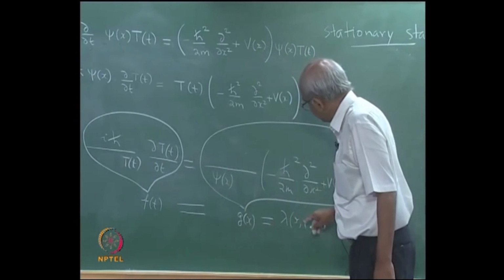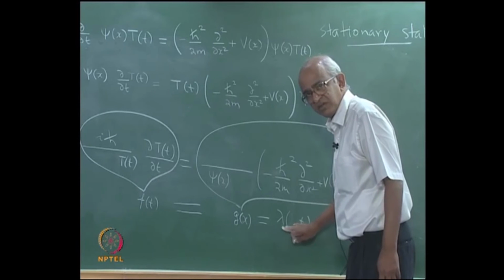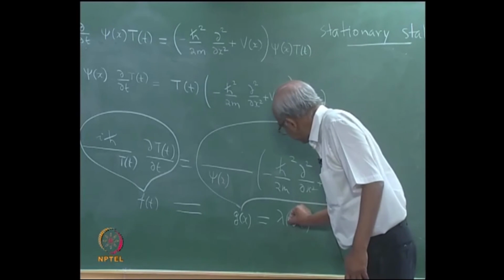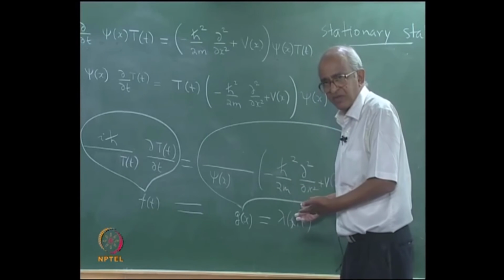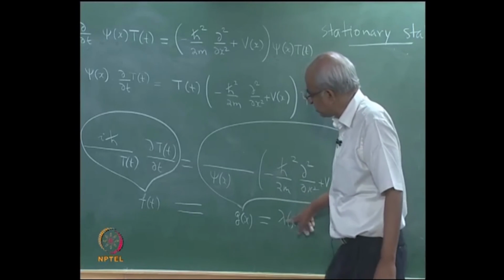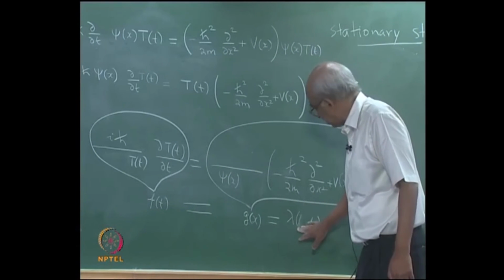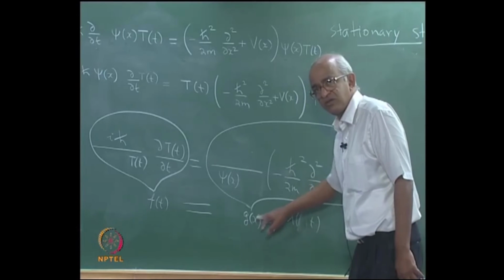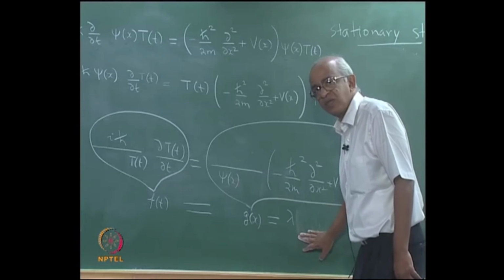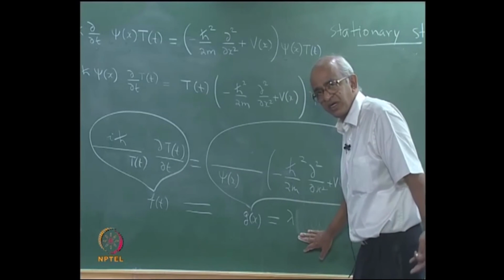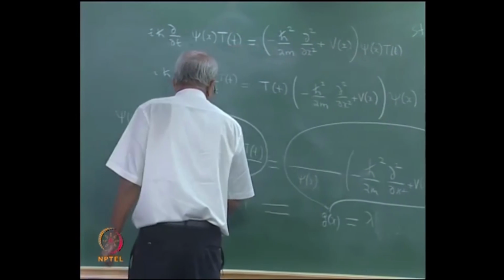So, therefore, it cannot depend upon x, correct. And lambda is equal to a function of x alone. So, therefore, it cannot depend upon t, and therefore, lambda has to be a constant. That is the way you can argue. So, therefore, if such an equation is to be satisfied, f of t must be equal to a constant.